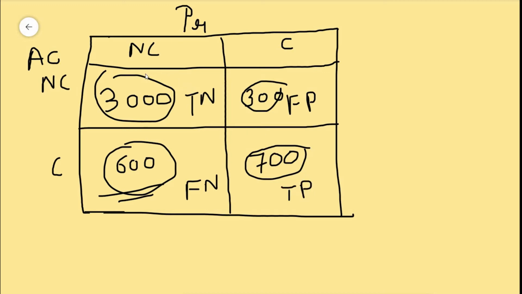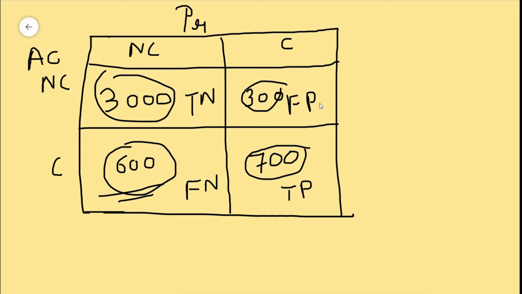What this means is 3000 cases are predicted correctly by our model as not having cancer. These are the negative instances which we have taken as zero classes. As I said, the class which is more important is usually given ones, that means usually classified as ones. That's why this is called true negative.